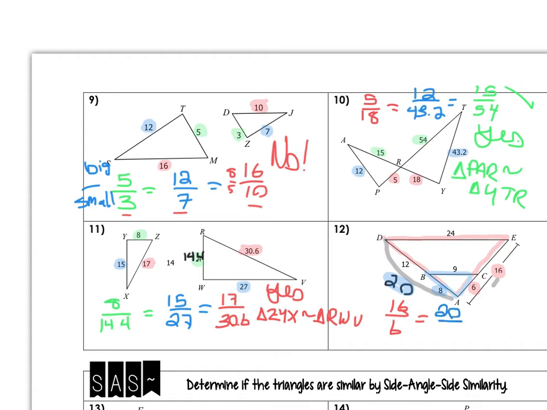So 20 over 8. And then finally, we'll do the biggest number, which is 24 and 9. So 24 over 9. When you plug this in your calculator, you're going to find out that these are all different ratios. So this is a big no. All right, last one.